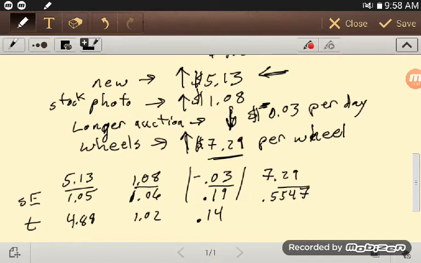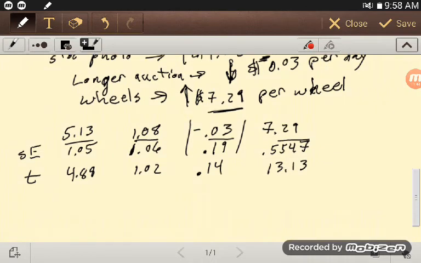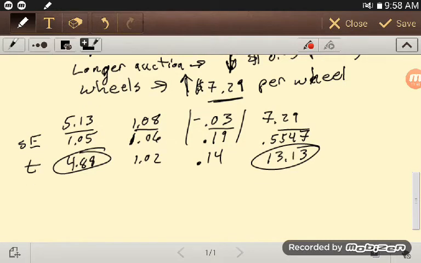And then here we get about 13.13. And so as I look at this model, that's going to be significant, that's going to be significant, but definitely that's not. The p-values here, according to the textbook, are basically 0 to many decimal places.